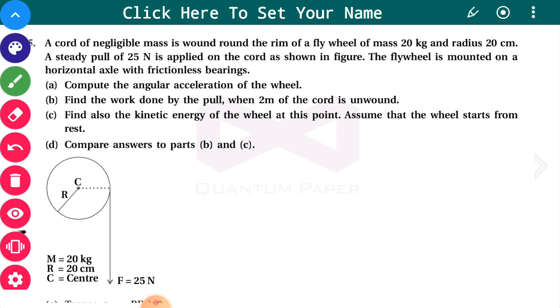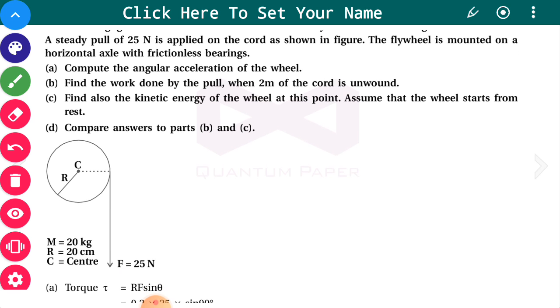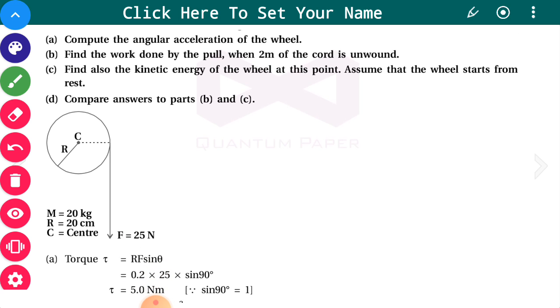The flywheel is mounted on a horizontal axle with frictionless bearings. We want to compute the angular acceleration of the wheel. Find the work done by the pull when 2 meters of the cord is unwound. Find also the kinetic energy of the wheel at this time. Assume that the wheel starts from rest, and compare the answers of part B and C.